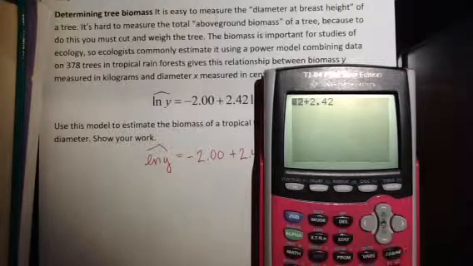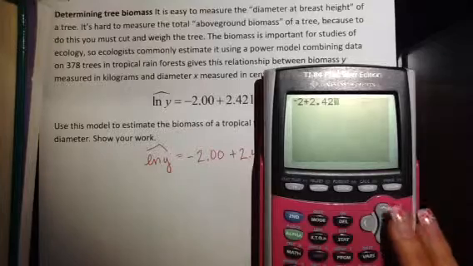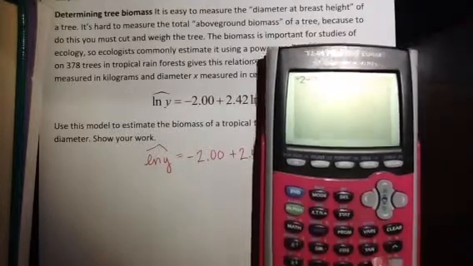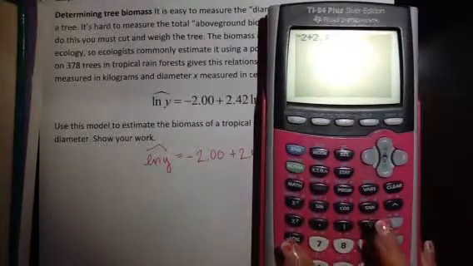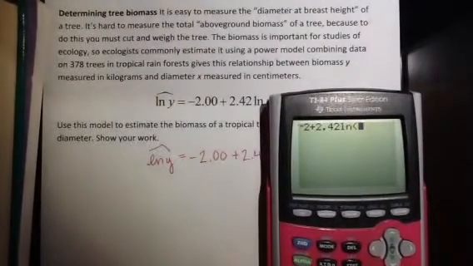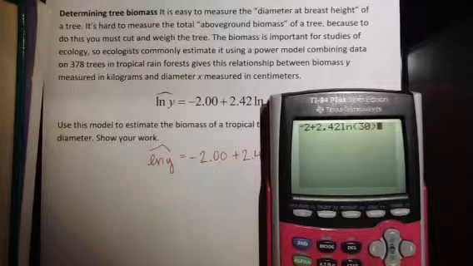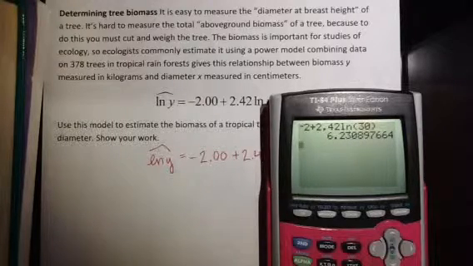That was supposed to be a negative over there. -2 plus 2.42 times the natural log, which remember is over here on the left-hand side, times the natural log of 30. And we hit enter to get that part.